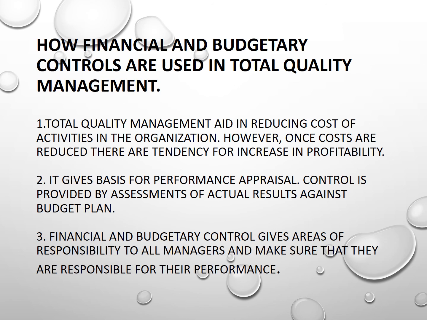It gives a basis for performance appraisal, whereby between two departments in an organization, there can be a kind of performance appraisal to look at the quality of work they are producing.